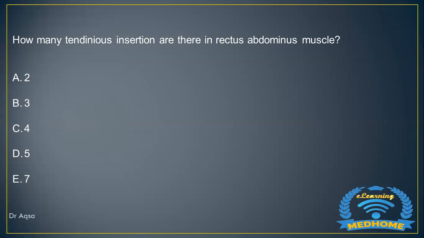How many tendinous insertions are there in the rectus abdominis muscle? A. 2, B. 3, C. 4, D. 5, E. 7. Ma'am, 3 tendinous insertions are above the umbilicus and 1 is below the umbilicus.